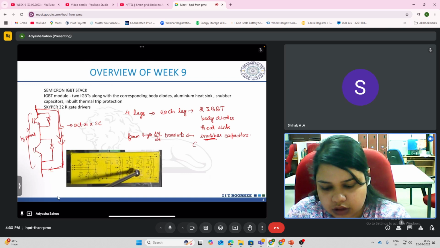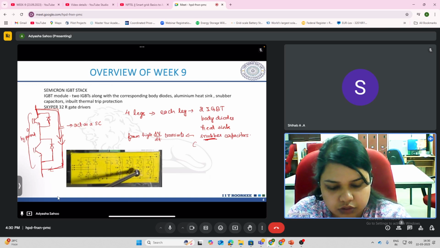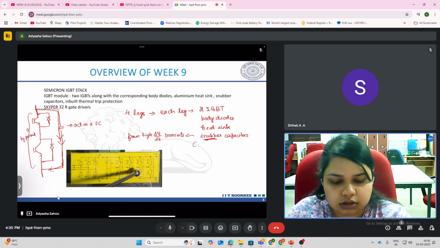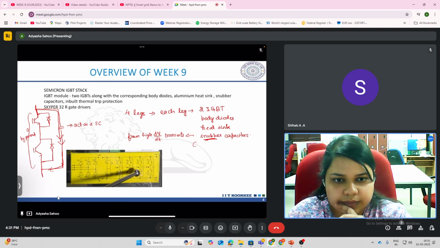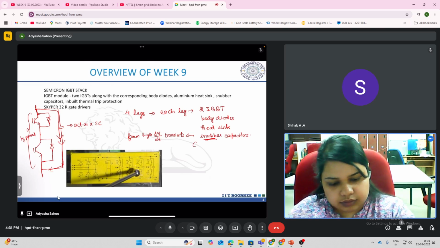If you have, here, six IGBTs and their diodes, and let's say for certain operations you want 1, 3, and 5 on and 2, 4, 6 off, then in that case we use the body diodes, and in the other case we will use the transistor IGBTs.